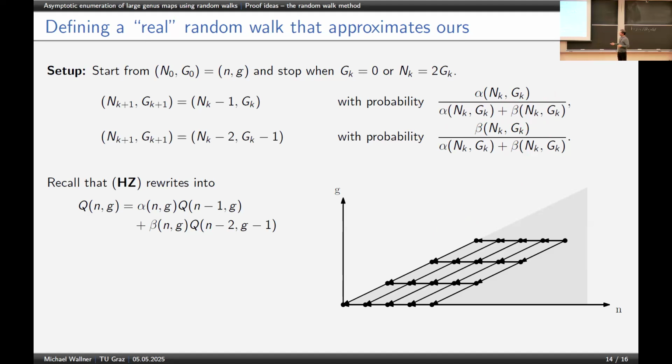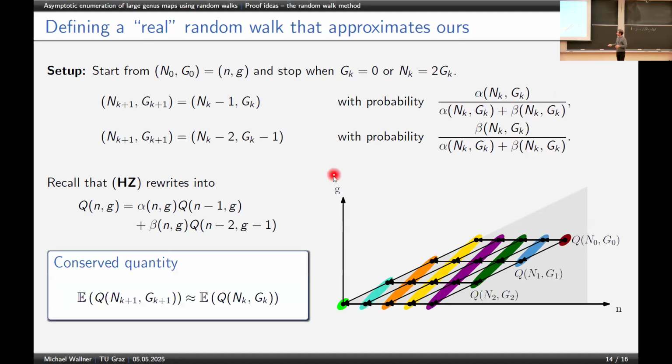And what is then the key here, and I won't prove this, is that a certain quantity is conserved. And what happens? I show it here. After one step, the expectation of Q evaluated at my new position of my random walk. So my Q, you can think of it as a functional.